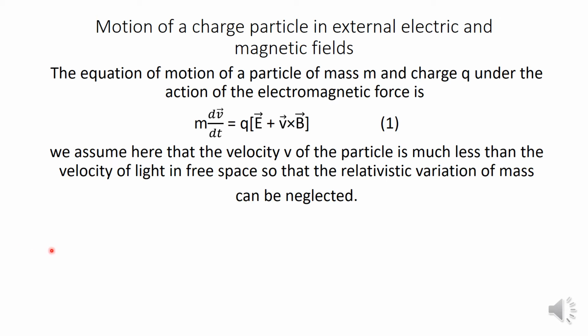The motion of a charged particle in external electric and magnetic fields. The equation of motion of a particle of mass m and charge q under the action of the electromagnetic forces is m dv/dt = q(E + v × B), and this is equation number 1.